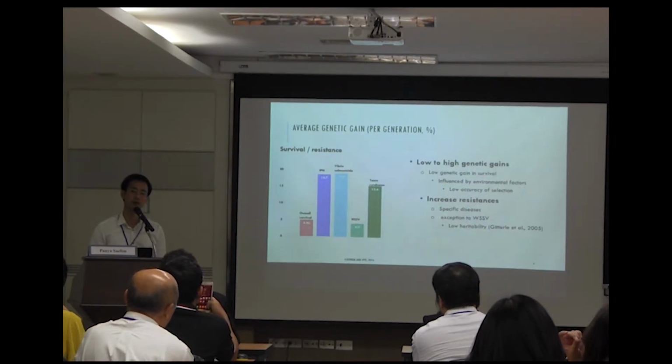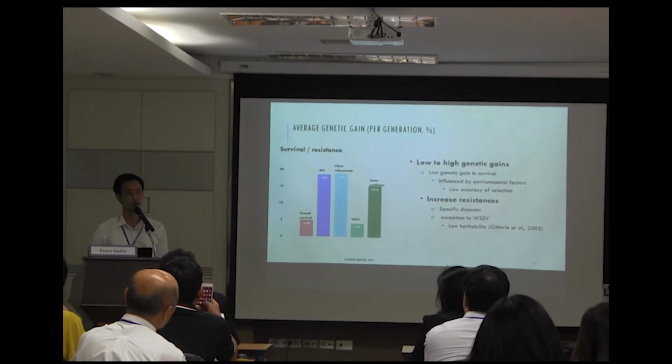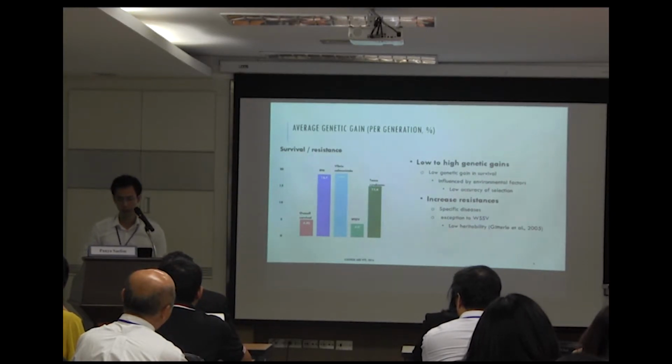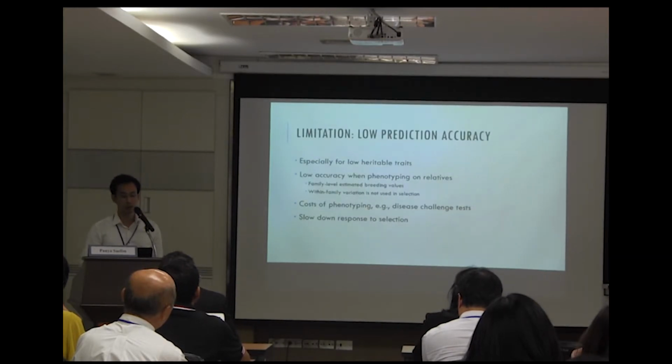The heritability explains the relationship between the phenotype and the genotype of the animal. So when the heritability is very low, it means that you can make only very slow progress, or your prediction accuracy is rather low per se. Now we see the limitation of prediction accuracies.